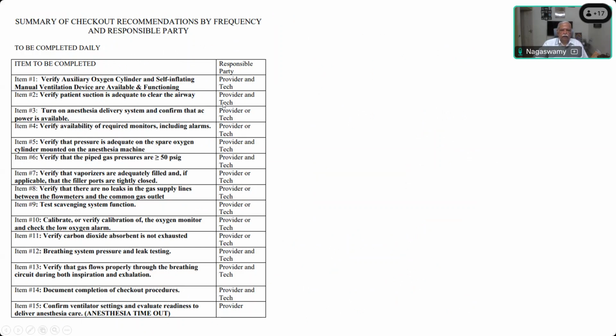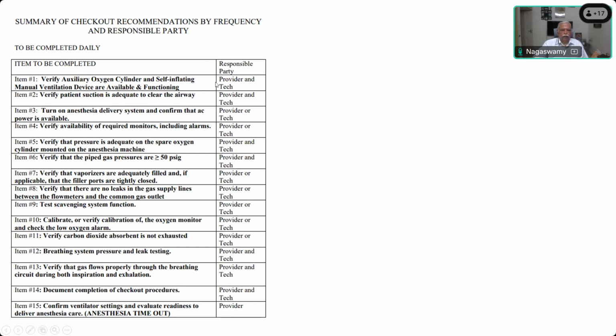Because many mistakes happen, especially after a weekend when Sunday OT is closed and Monday morning you go and you believe the technician and he has done a mistake and you have not checked it. That is where the problems happen. So it is called the weekend problem.